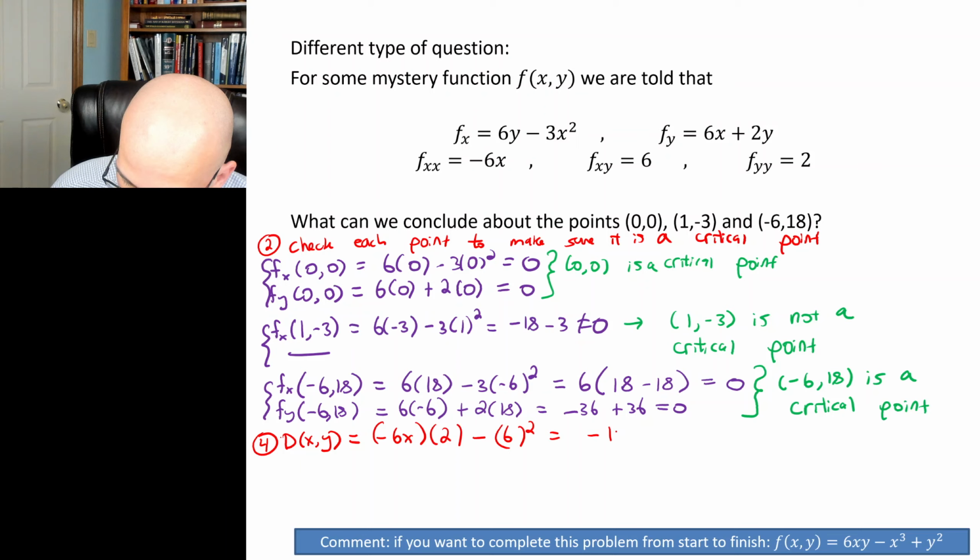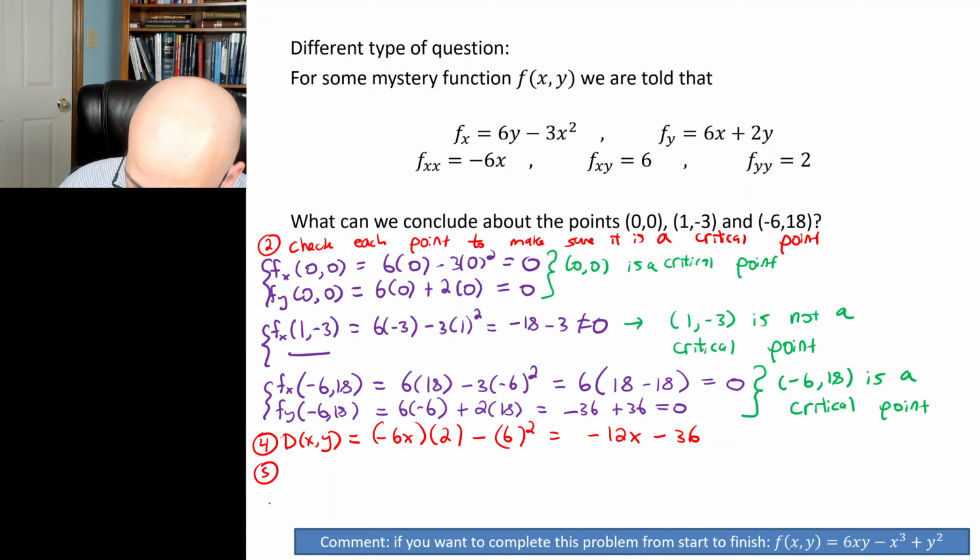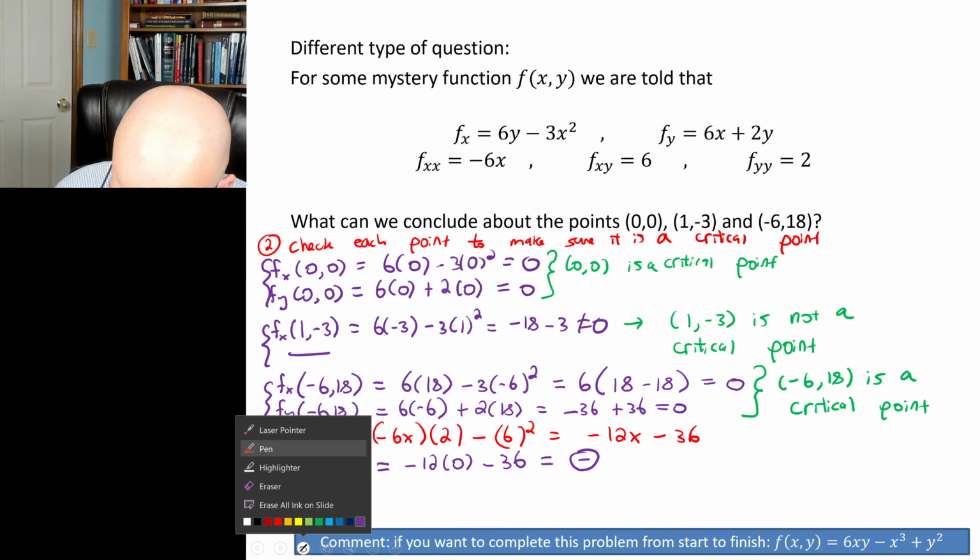So negative 12x minus 36. Then we're going to plug in the points that we found. So this is step 5. D evaluated at, what was it? 0, 0. So let's see what happens. We'll get negative 12 times 0 minus 36, which is negative. So there's a saddle point at 0, 0.